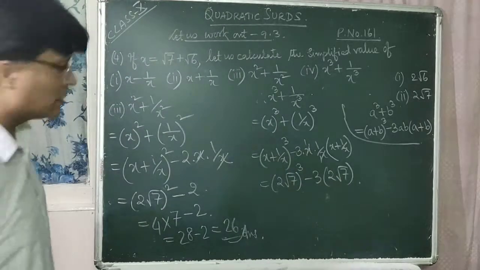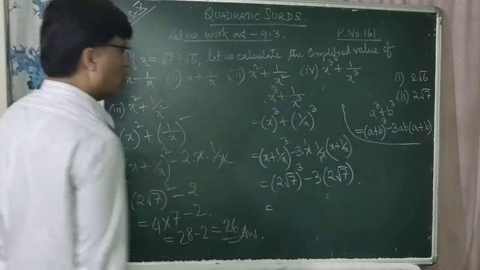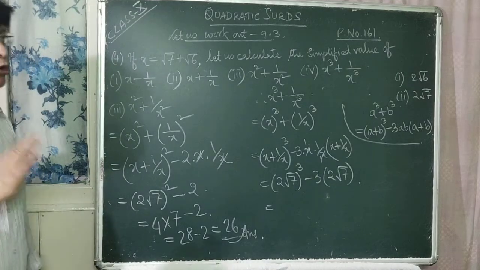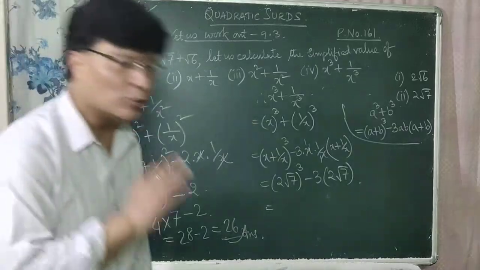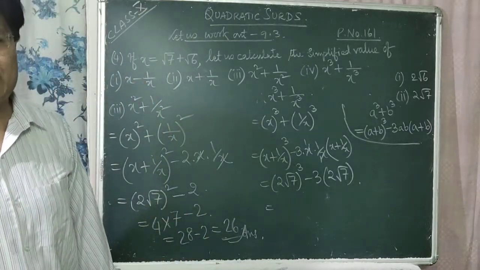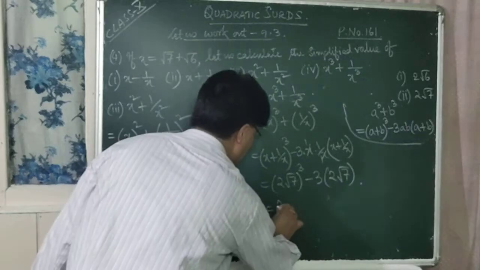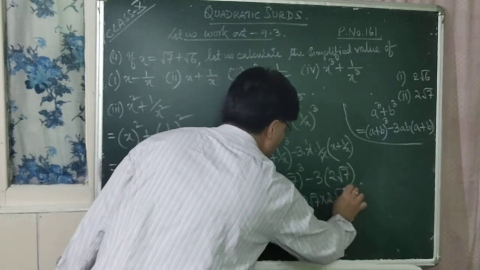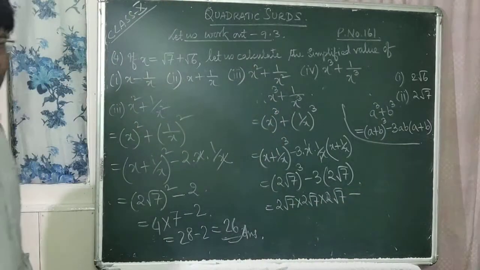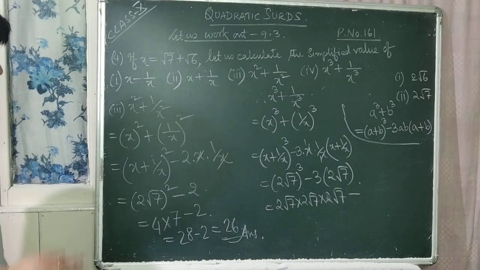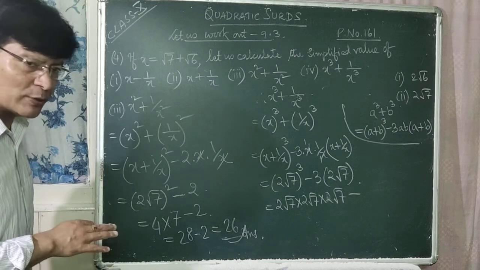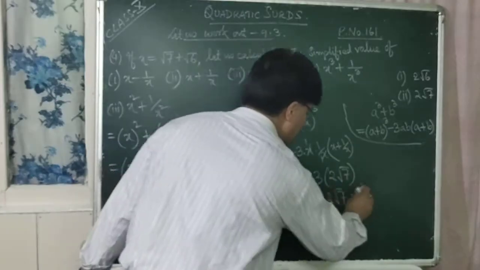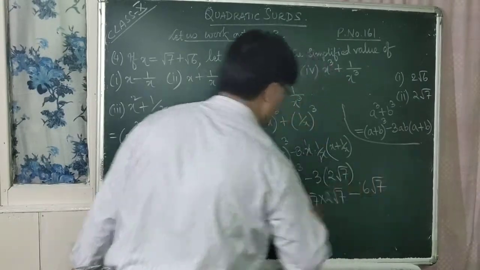Is that clear now? So let us simplify it. So what is meant by 2 root 7 whole cube? That is, 2 root 7 is multiplied how many times? 3 times. That is 2 root 7 into 2 root 7 into 2 root 7 minus 3 2s are 6 root 7.